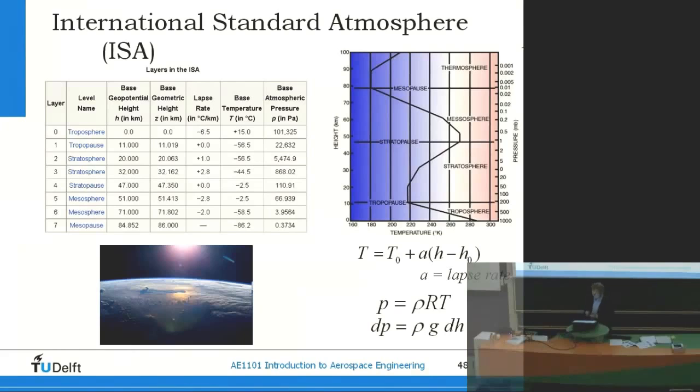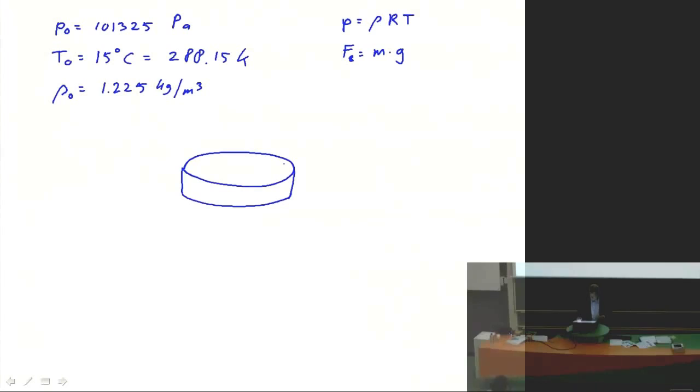I want to have a look at one more law, a more general law of aerostatics, which is responsible for the change in the pressure and the temperature in the atmosphere. So let's take one disk of air, which has a surface, let's call it A for area.